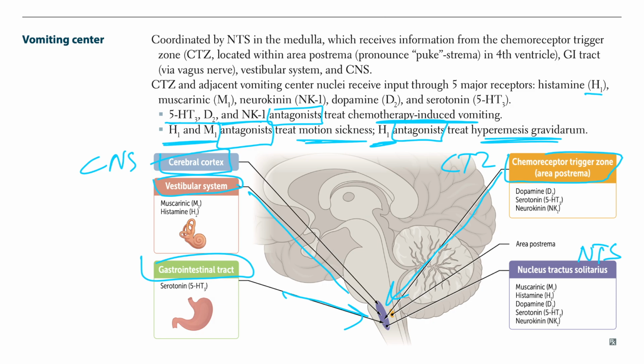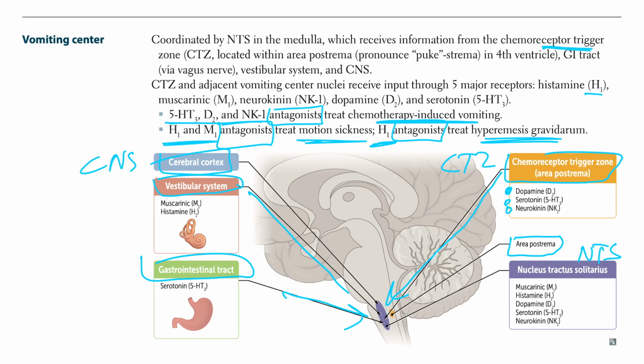But CTZ is getting signals from 5 other receptors, which are dopamine, serotonin, NK1, okay, and then you have the area postrema, which is just beside this NTS, and it triggers.